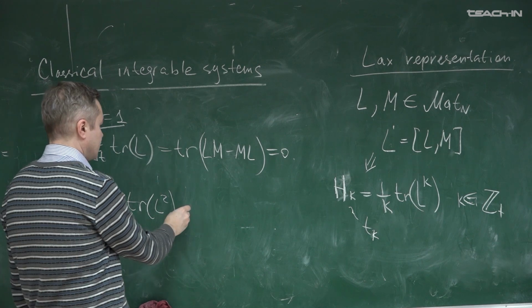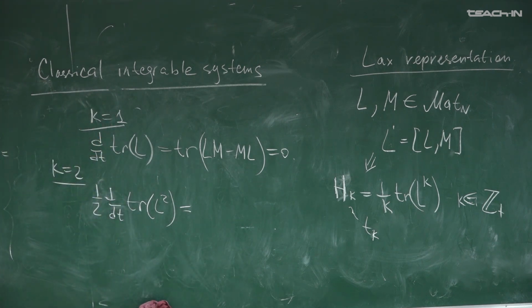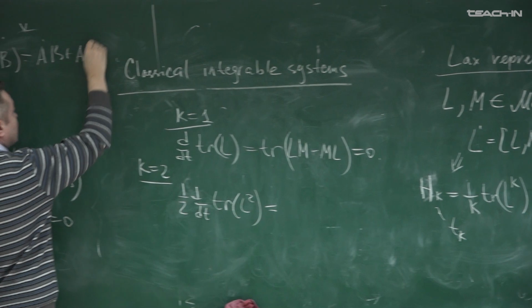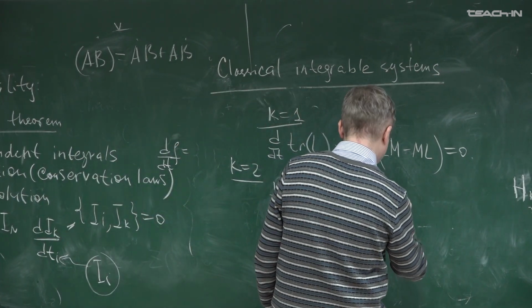And then we just apply Leibniz rule, because if you have some product, then the derivative of a product of matrices is just A dot B plus A B dot. And so we compute it here.